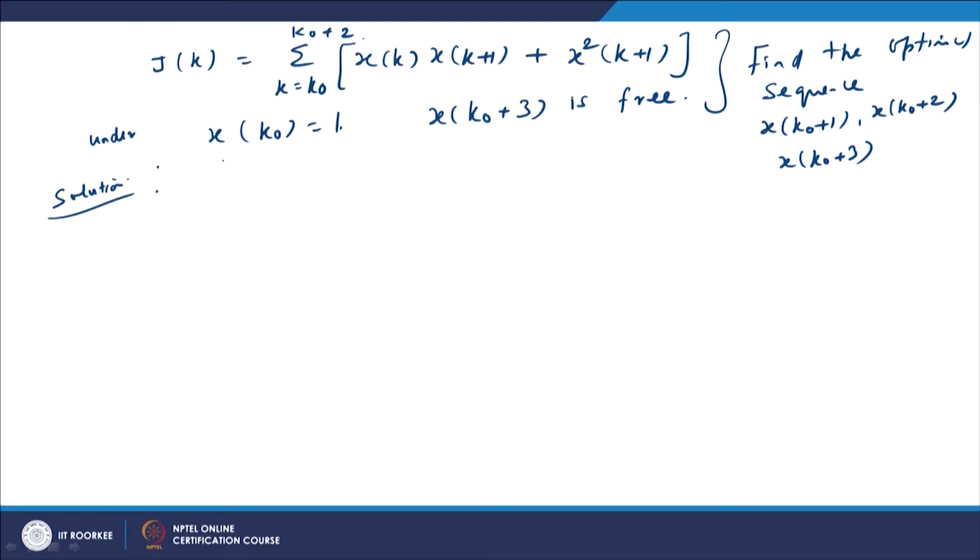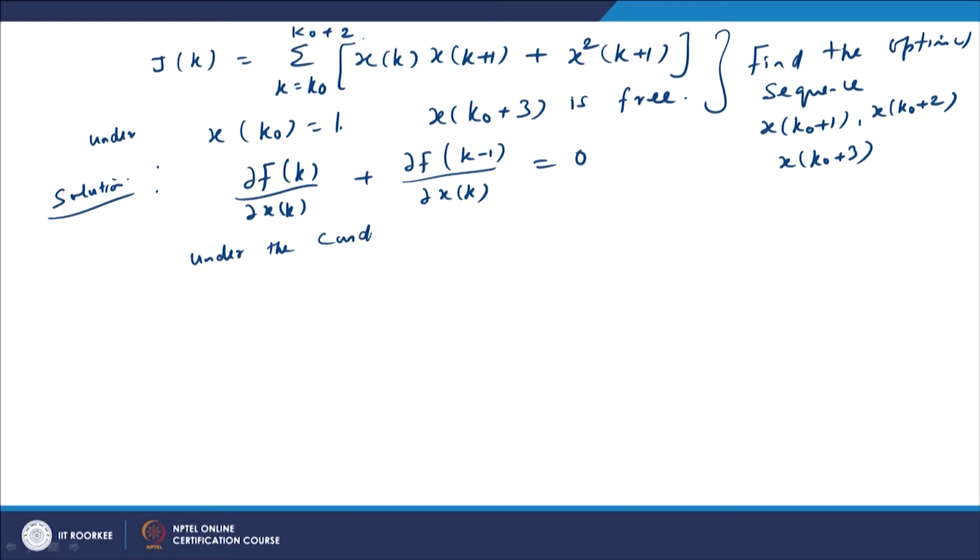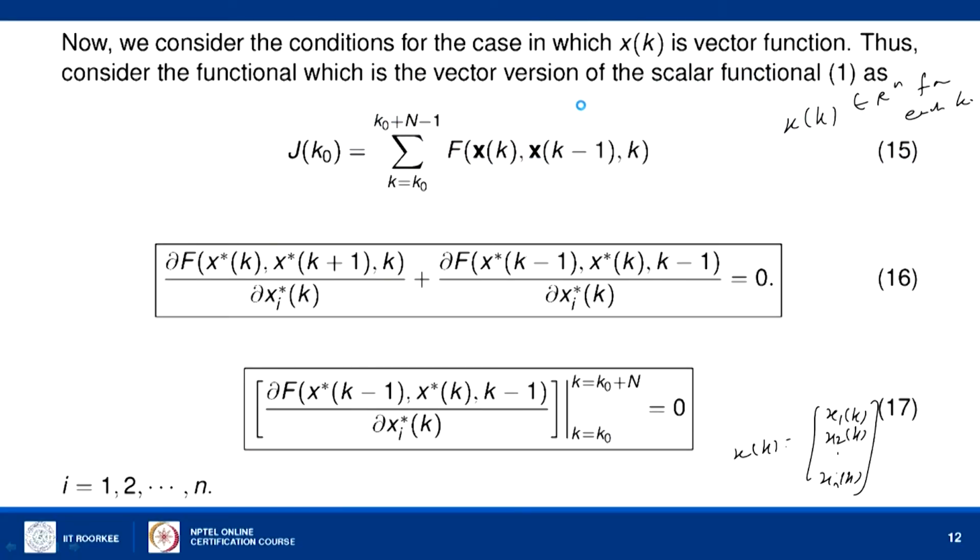The solution is to solve the equation del f starting with xk, differentiated with respect to this, and del f starting with k minus 1, differentiated, equal to 0 under the boundary condition. x of k0 is already 1, it is given, and because the second boundary condition is free, the del f starting with k minus 1 derivative with respect to x of k at the end point should be equal to 0.